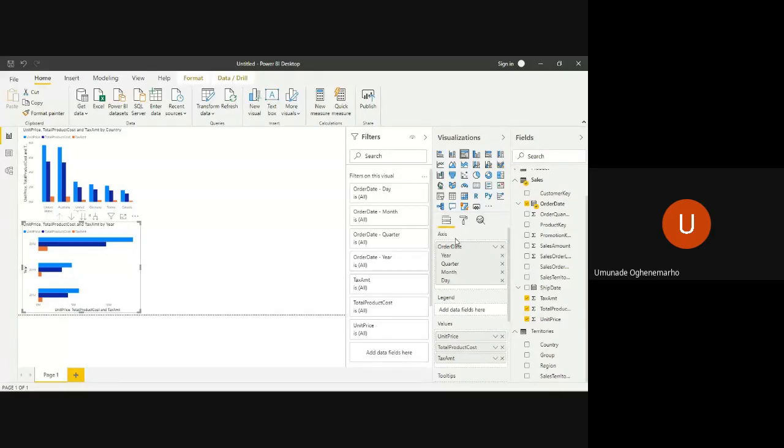It has the year, the quarter, the month, and the day. Now, this would automatically drill down. So to create these drill downs, we put numerous values in the axis. If you have numerous values in the axis, it will automatically create a drill down.